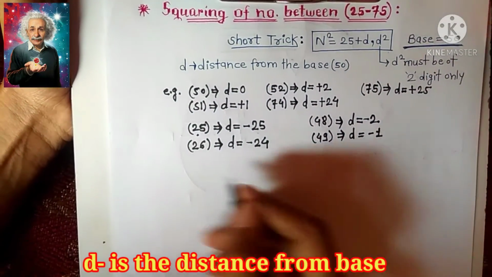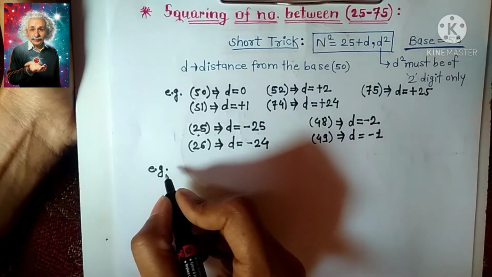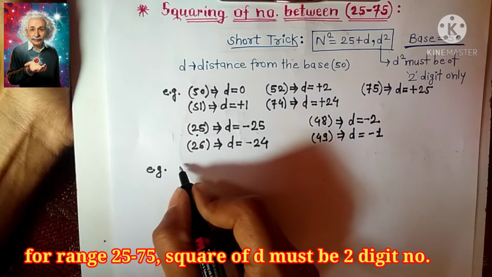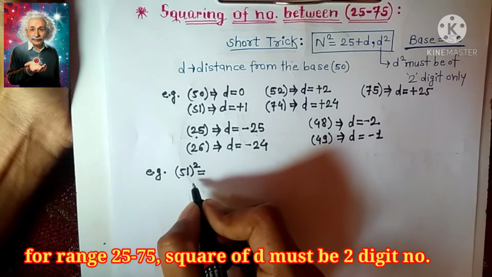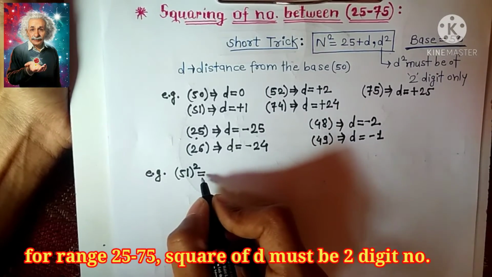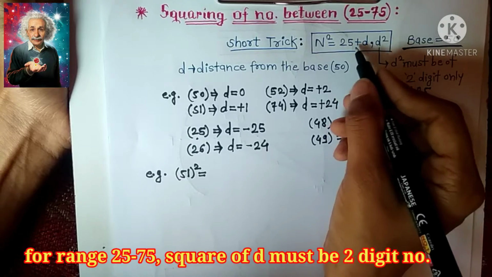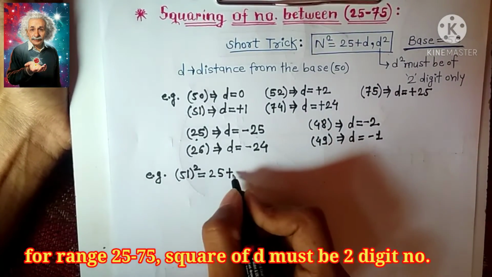Now we take the first example, and we take the numbers above 50 first. If we have to square the number 51, the trick is n square is equal to 25 plus d comma d square. Here 25 plus d.